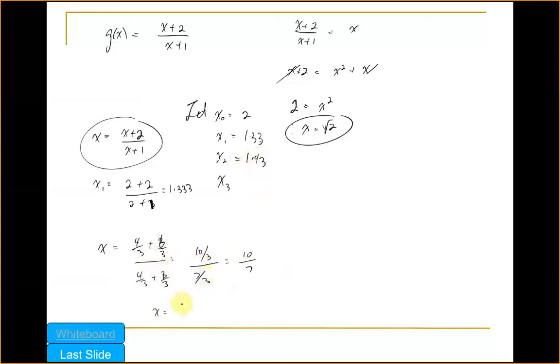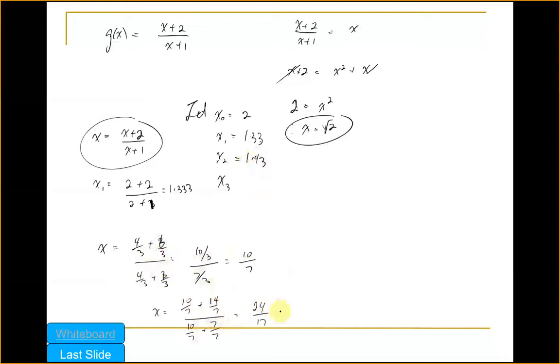We could do it again. x equal 10/7 plus 2 is 14/7 over 10/7 plus 7/7, and the answer is going to be 24 over 17.